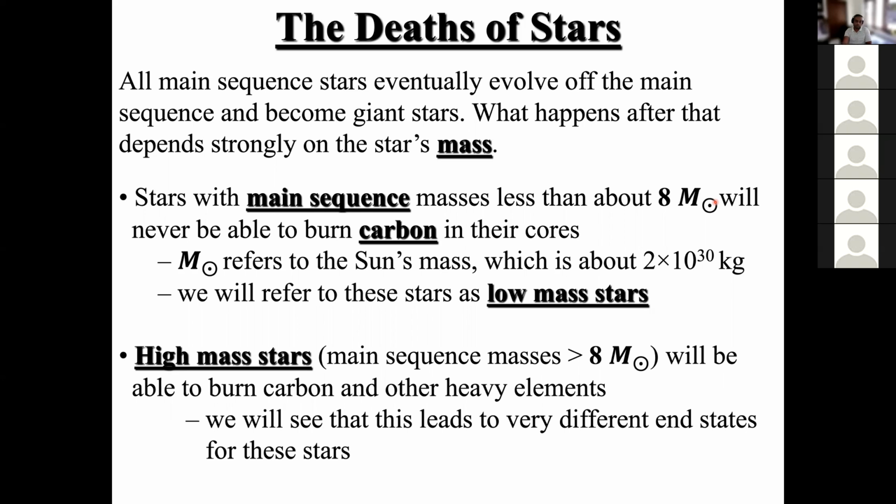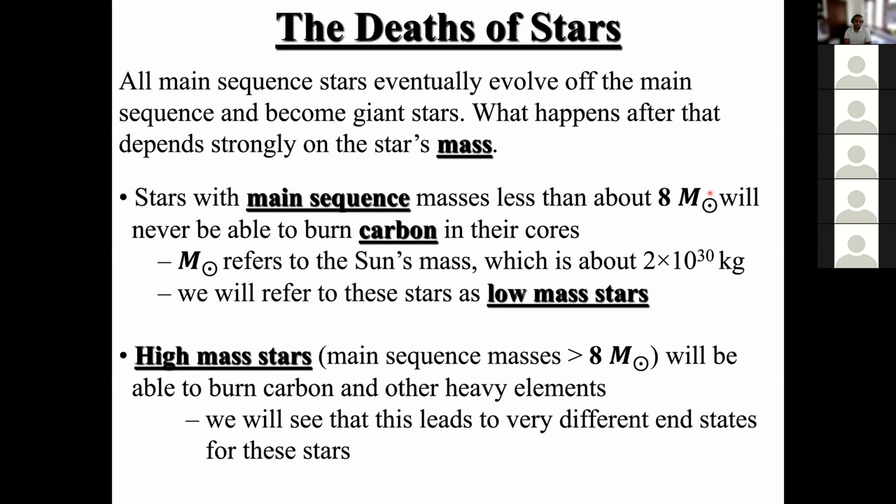Right? Now these low mass stars do not have enough temperature at the central region to convert carbon into these heavier metals. Right? And because of that, we will refer to all the stars that have main sequence mass less than 8 solar masses as low mass stars, right?